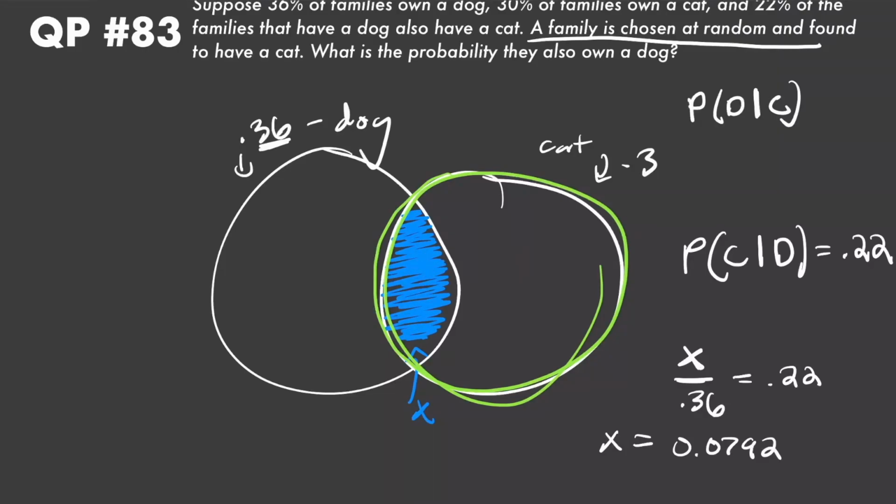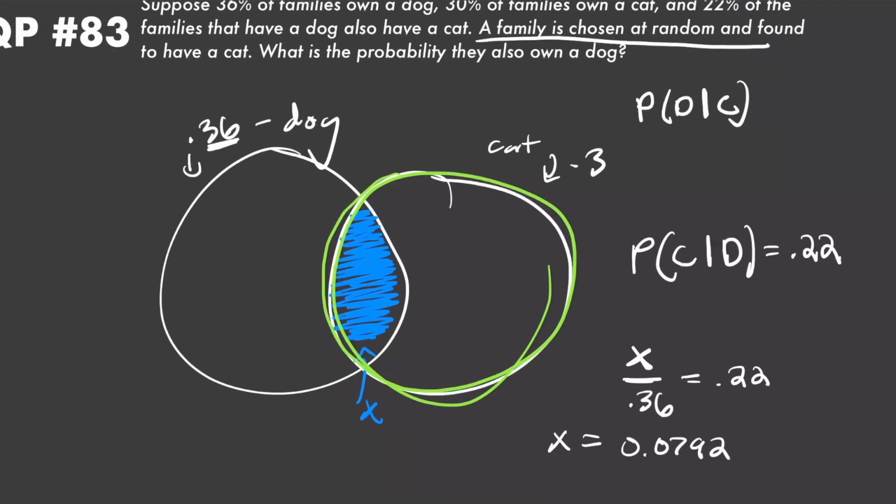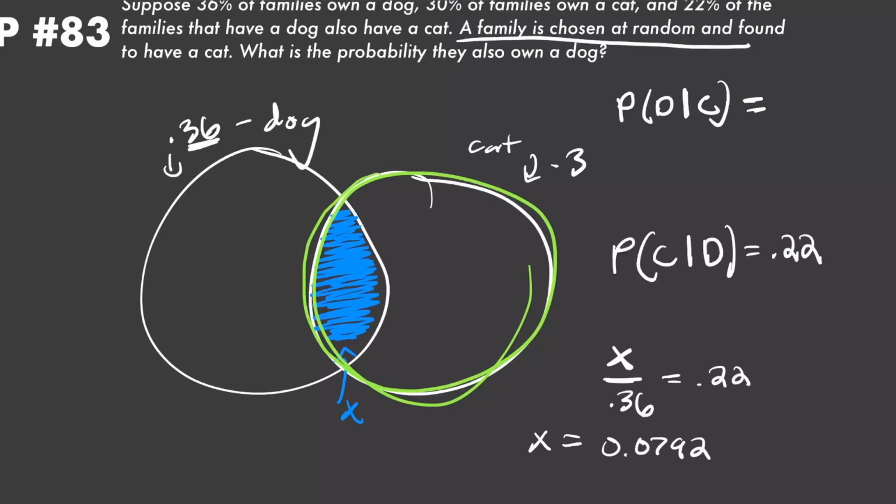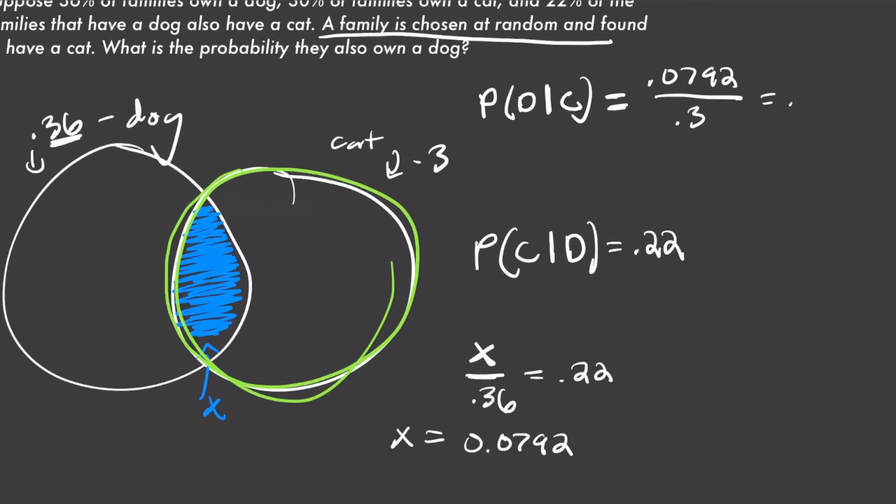But we already calculated what that was. It was 0.0792. So the probability of a dog given that they own a cat is just X, which was 0.0792, divided by the total area of our restricted new space, which is this green bubble, and we know it's 0.3. When I take X over 0.3, I wind up with a final answer of 0.264, or 26.4%.